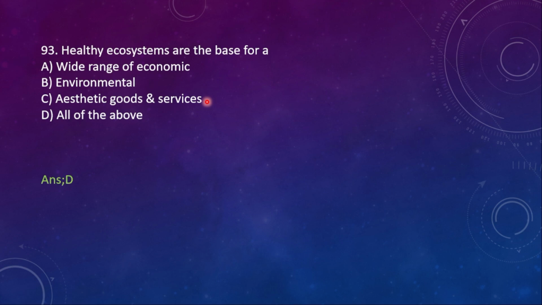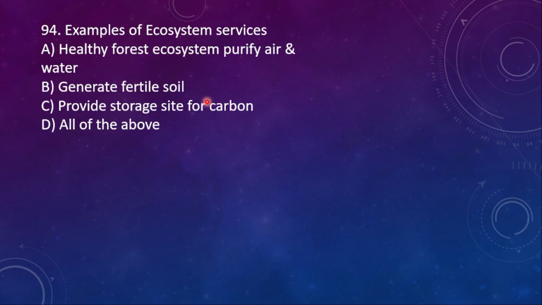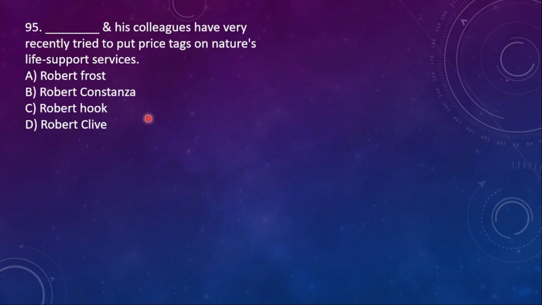Here the right option is D. 94. Examples of ecosystem service: healthy forest ecosystem, purify air and water, generate fertile soil, provide storage site for the carbon. So D is right.